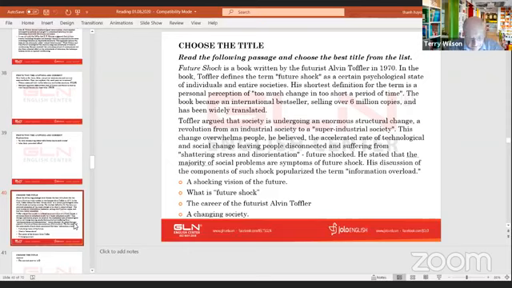Should it be what is future shock? Should it be the career of the futurist Alvin Toffler? Or should it be titled A Changing Society? So I'll leave that on the screen for a minute for you to match.